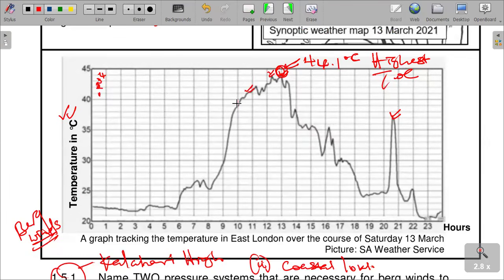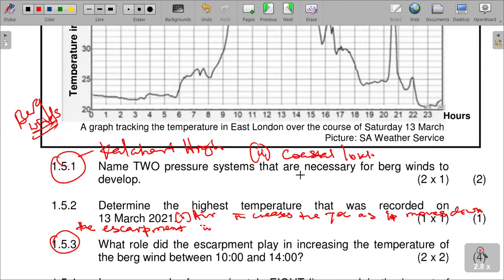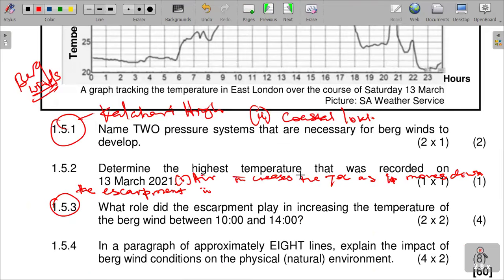This is from 10 to 2. This time here is where the temperature increased quite a lot. So the air increases the temperature as it moves down the escarpment. That is number one.